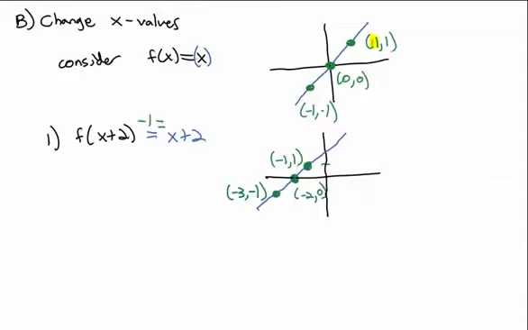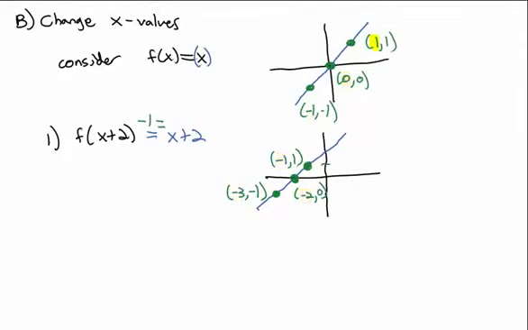Notice our x's went from 1 to -1, from 0 to -2, from -1 to -3. When we add 2 to the x coordinate, it seems our graph actually has subtracted 2 from each x coordinate.